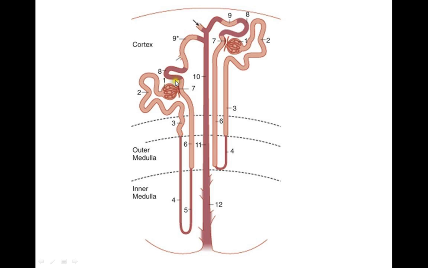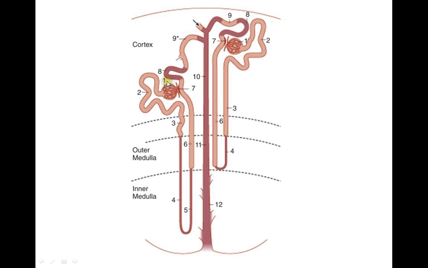This globe-shaped structure itself contains a special kind of capillaries and a surrounding capsule. This capsule is named Bowman's capsule.